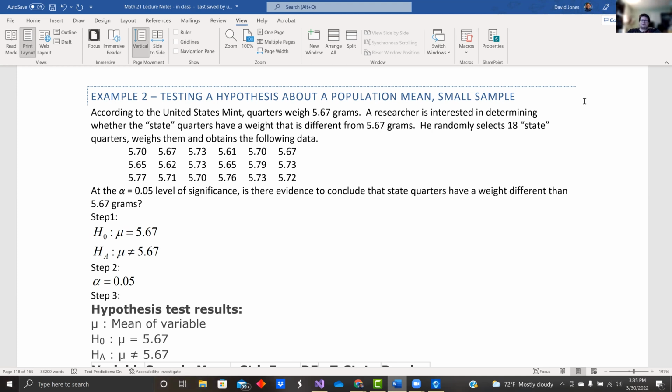A researcher is interested in determining whether the state quarters, the quarters that have a different background on the tail side, have a weight that is different from 5.67. So I guess the 5.67 is non-state quarters, and for state quarters, they want to know, is it different?